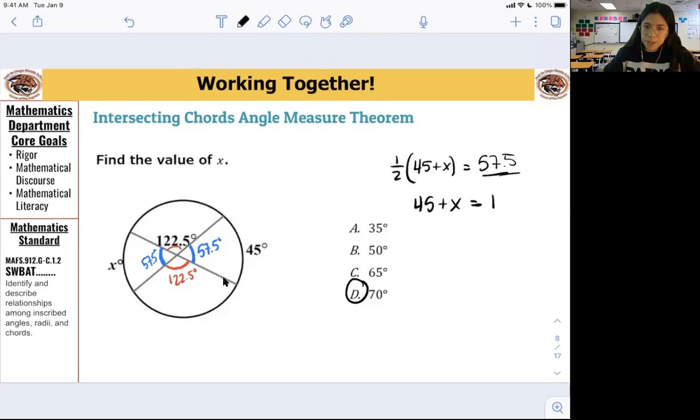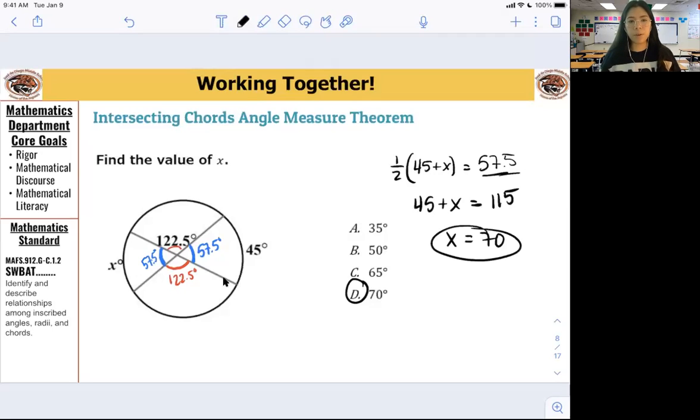I got 115. Subtract 45 from both sides, I got 70. So 70 degrees. If you were trying to do it and you kept coming up with the answer 57.5, you should have realized that it's the other two angles that we're talking about.